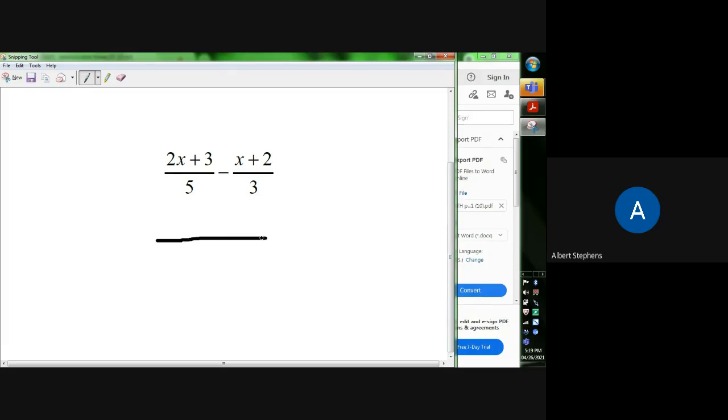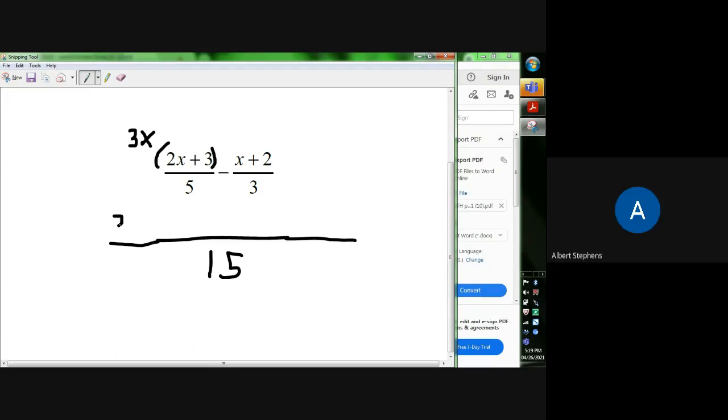After which I'll give you one to try on your own. So clearly the LCM here is what? It's 15, right? And we're going to say 5 into 15 goes what? 3 times. And it's going to be 3 times all of this.